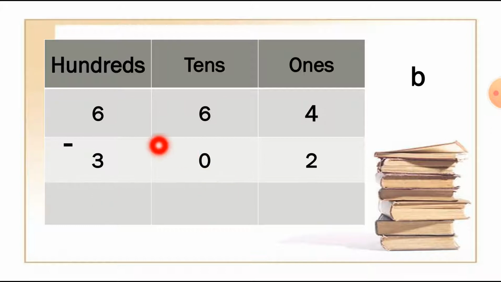Here is 664 minus 302. I repeat, 664 minus 302. So now this number is arranged.